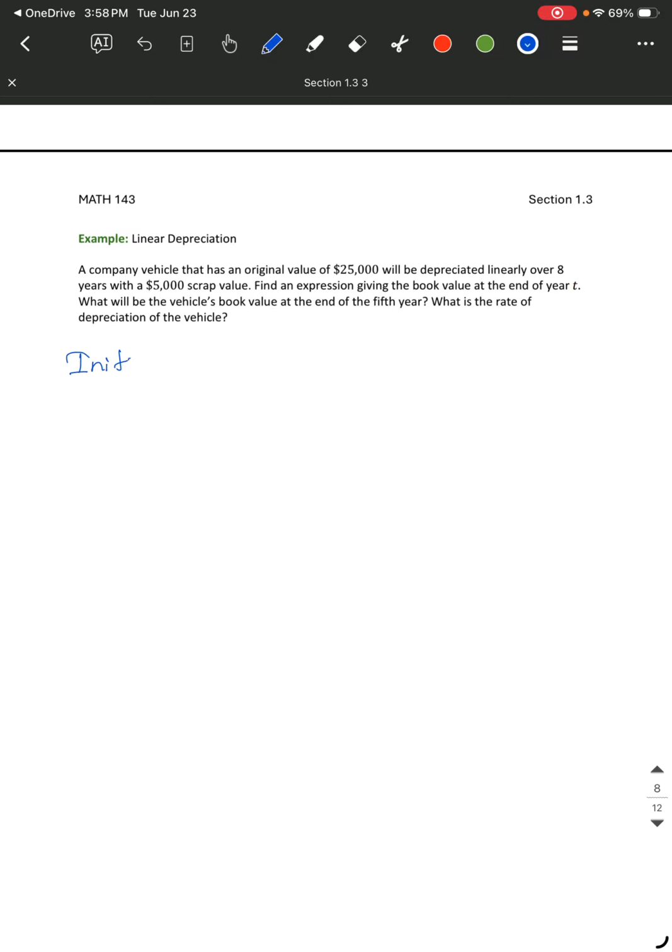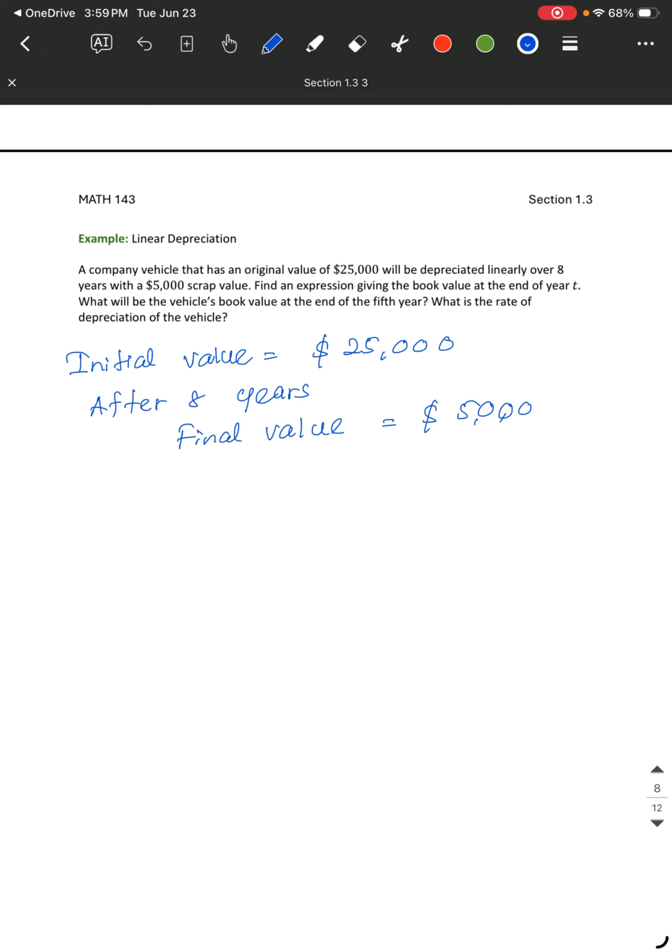Initial value $25,000. After 8 years, final value $5,000.